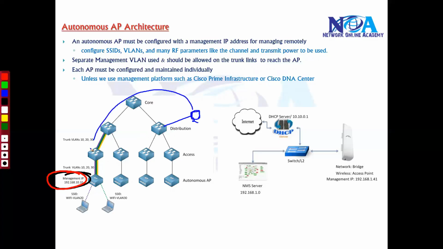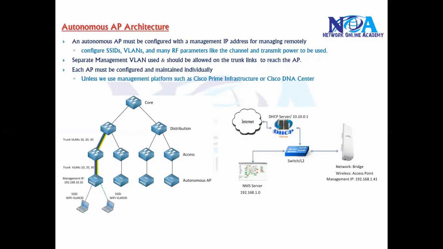I can still access the access point GUI from any place. And of course, the links connecting between the switches will be configured as trunks to allow the management VLAN also to pass through the trunk links, just like any other VLAN. But the difference is we will be using this management VLAN only for management related traffic. So these are the few parameters you need to know when it comes to autonomous access points.